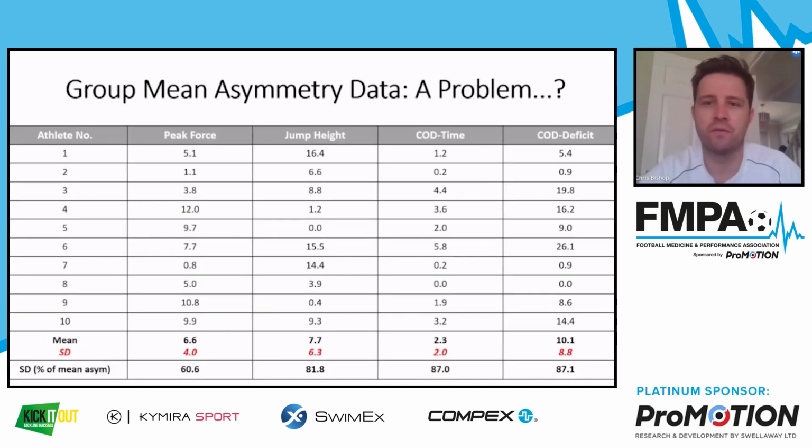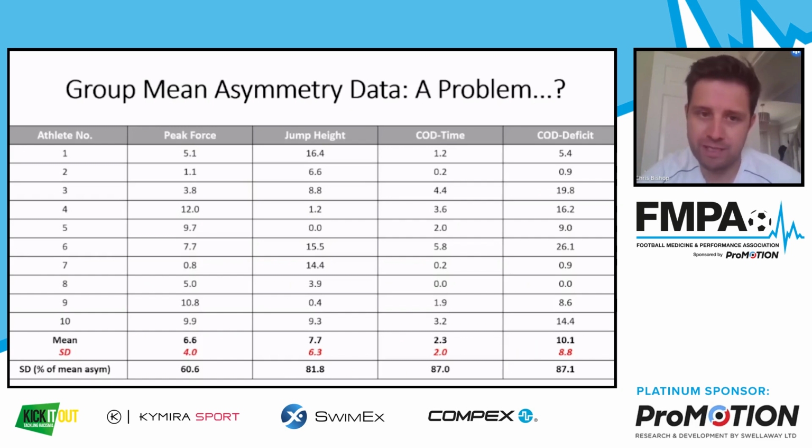which is where I'm trying to highlight the importance of group mean asymmetry being somewhat limited. So this is real data, taken from a football academy this time, and every number you see on here is an asymmetry value for 10 football players.